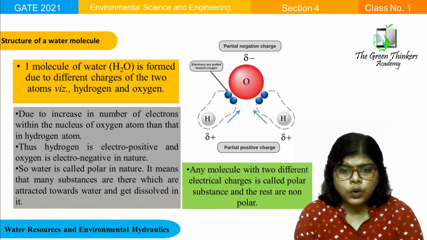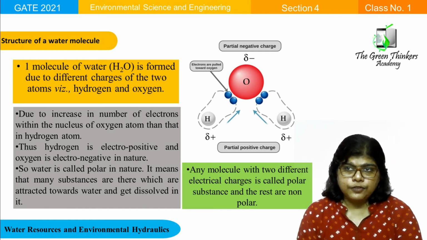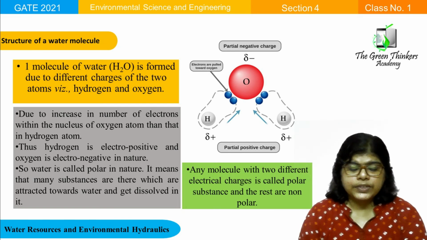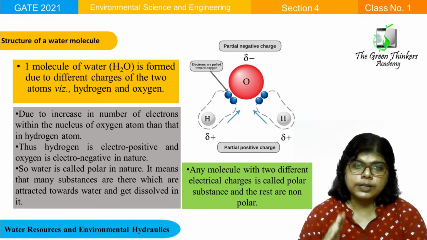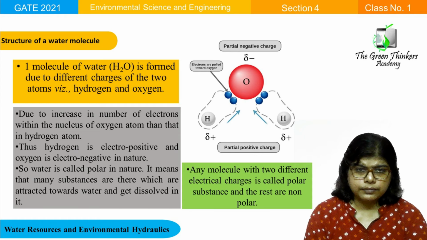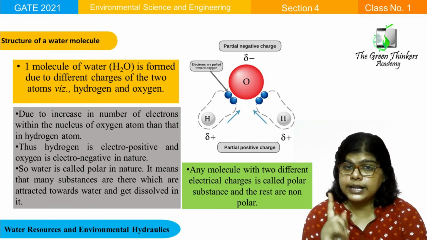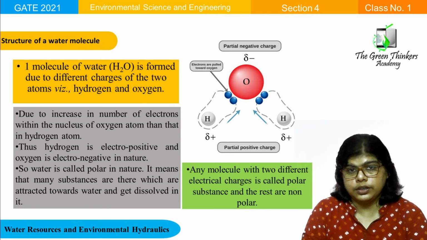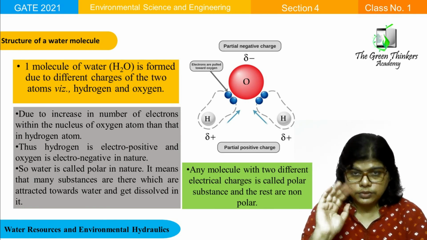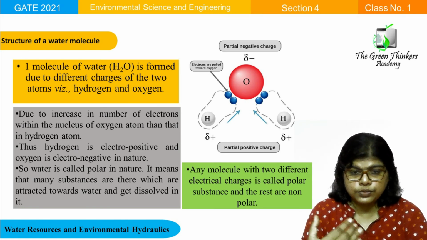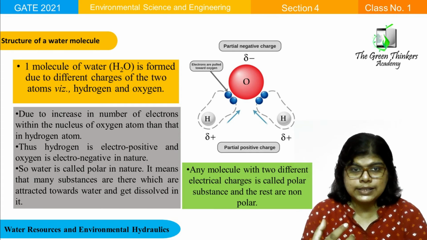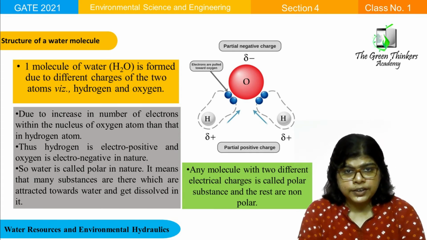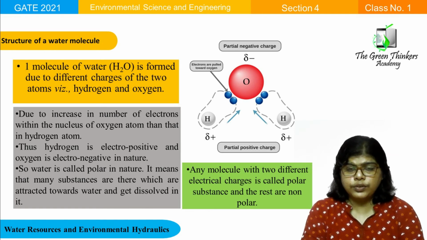By polarity, what we mean is this: for any substance to dissolve in water, what needs to be done? The substance which is to get dissolved in water must get attracted to water, meaning it has to be hydrophilic. At the same time, it has to dissolve in that water, right? For any substance to dissolve in water, both the solvent and the solute need to be polar, else they are not going to mix.